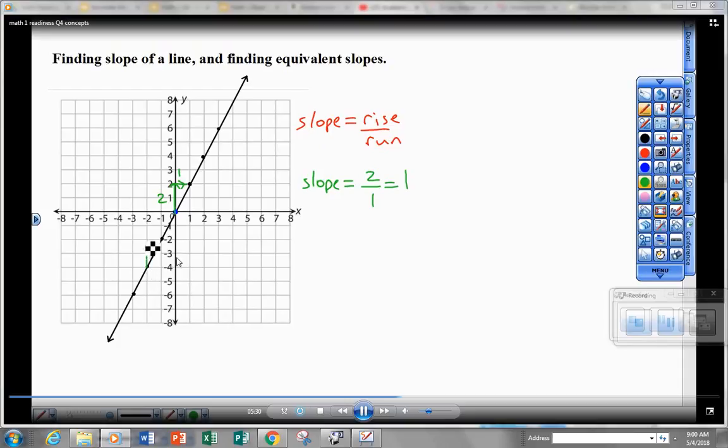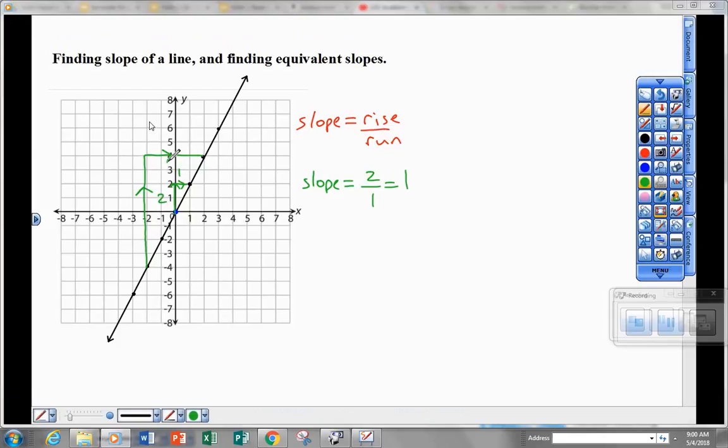So I need to find other slopes. So if I go up 6, 1, 2, 3, 4, 5, 6, and go right 3, if I put those two numbers together, that should give me an equivalent slope of 2.